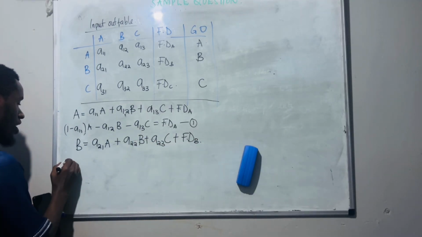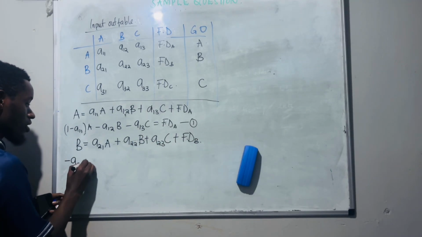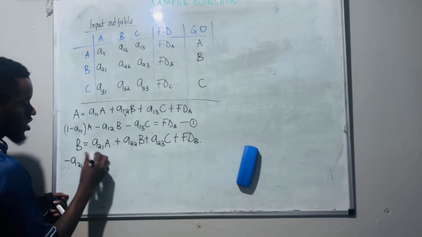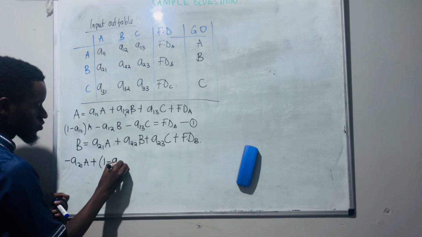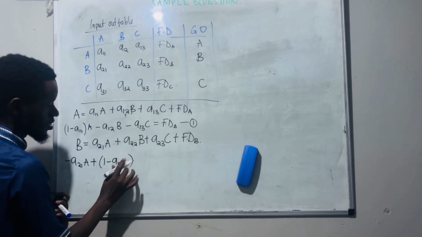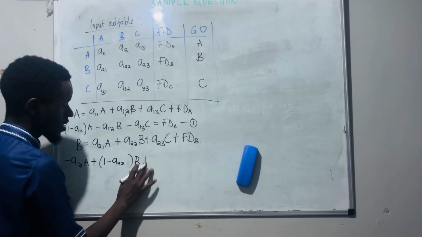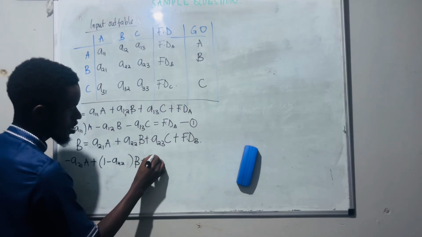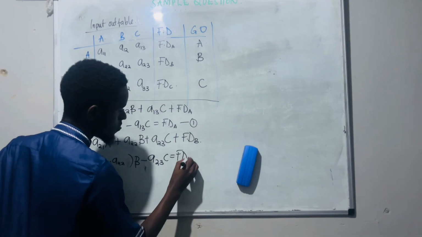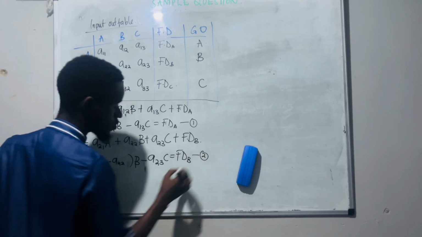I'll have now negative A21 A, plus, because I have a B here, 1 minus A22 B, so the B is going to be outside here. Now minus A23 C equals FD B, equation 2.